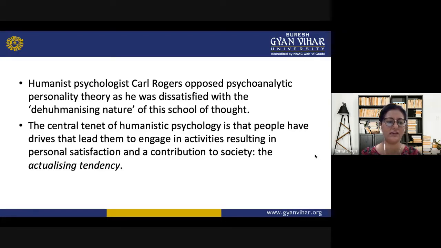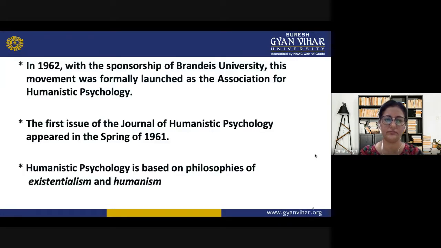This is the actualizing tendency. In 1962, with the sponsorship of Brandeis University, this movement was formally launched as the Association for Humanistic Psychology.